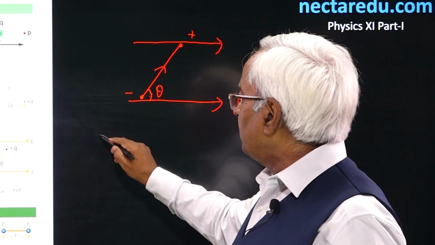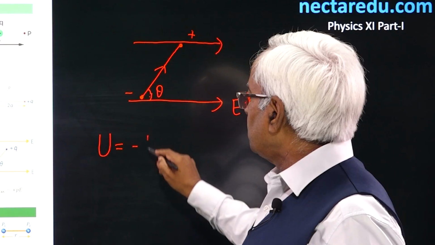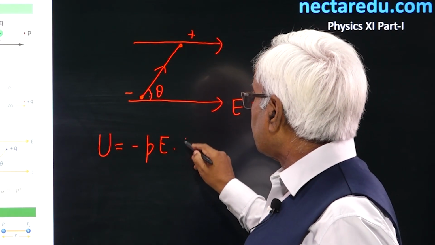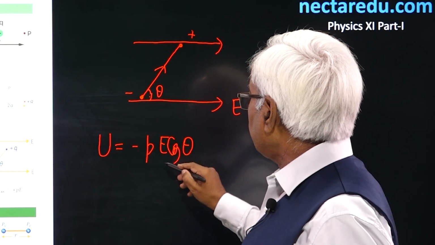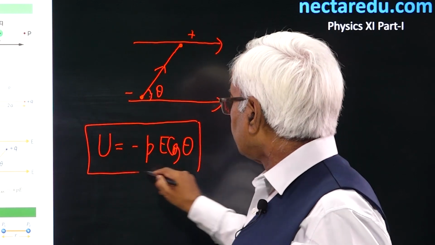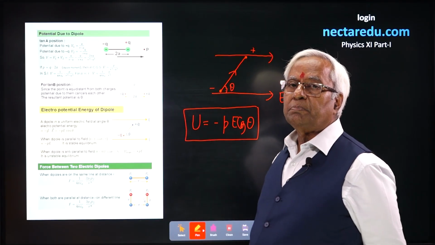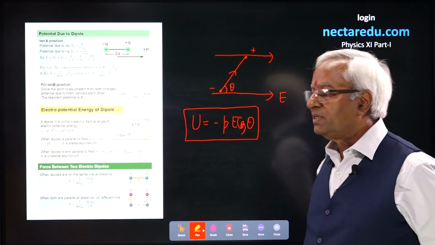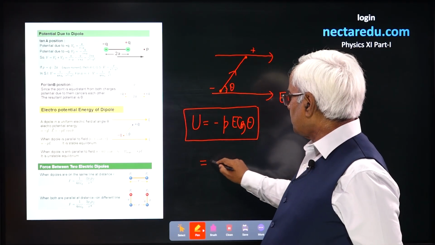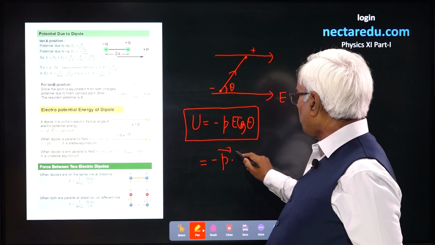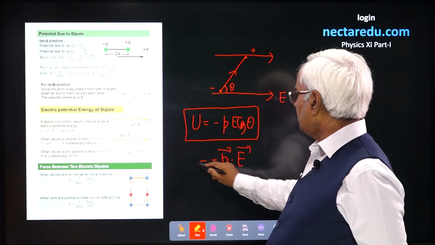The electropotential energy of a dipole, when it is placed at angle theta in an electric field, is given by this relation, minus P E cos theta. You could say it's the scalar product of P and E.